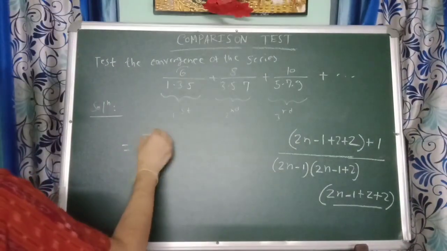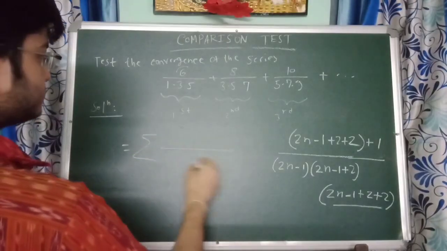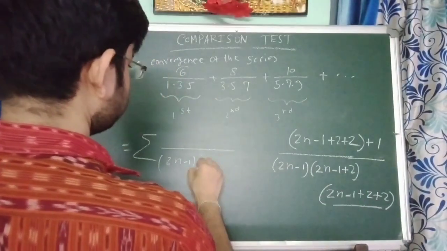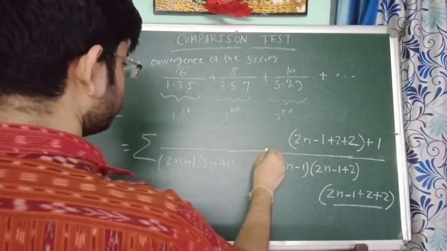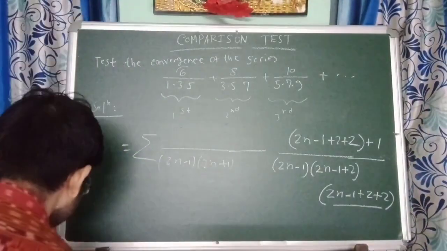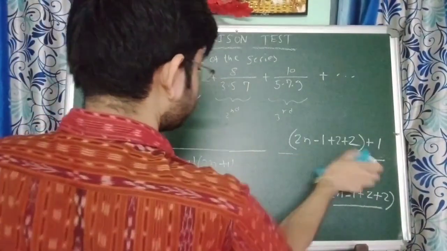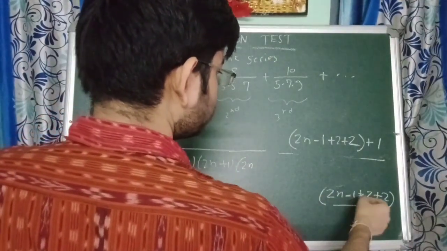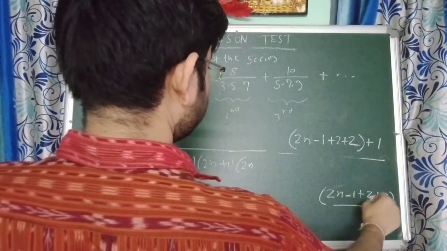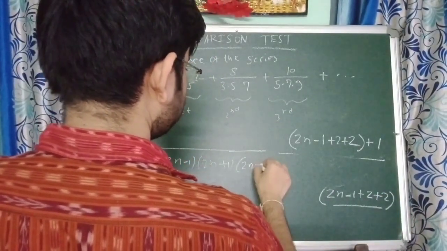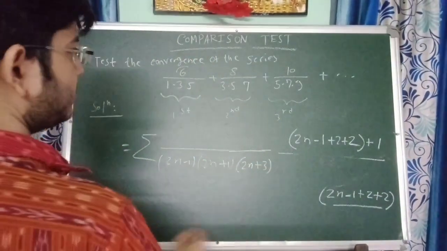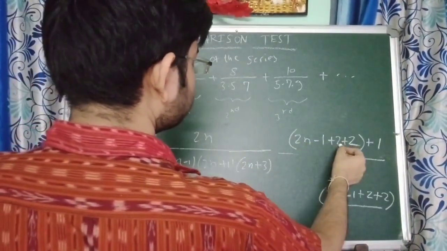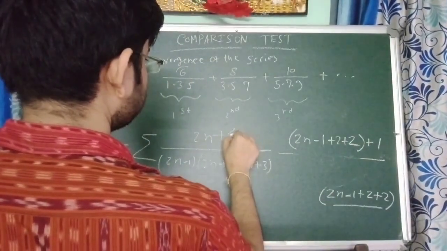So this series can be written as 2n minus 1 plus 2, which is 2n plus 1, and the last part is 2n minus 1 plus 2 plus 2 plus 1, which is 2n plus 3.